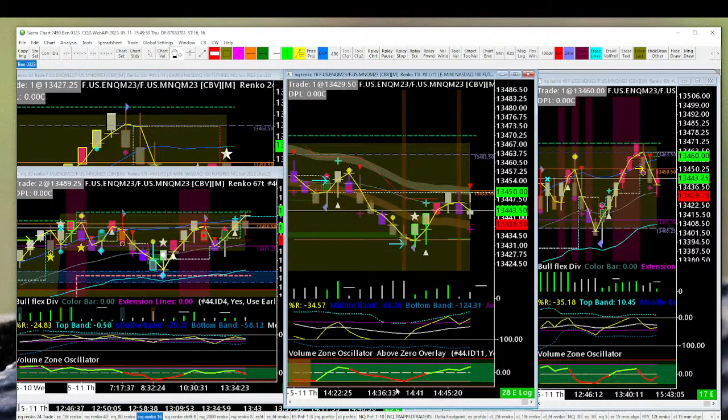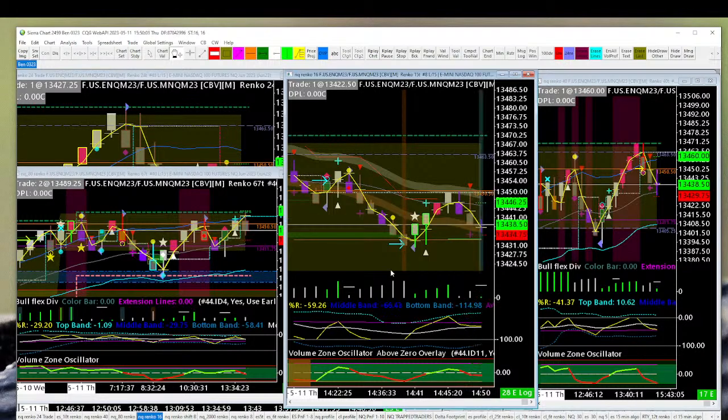Beyond that, the hard part is pushing the button at the right time and being confident enough to stay in the trade until your target and do everything right.